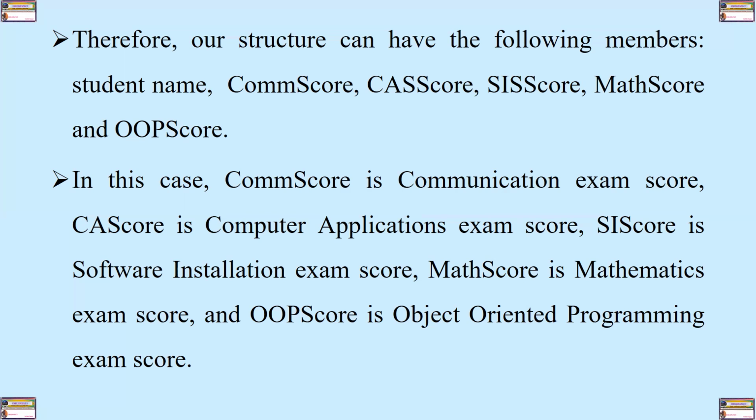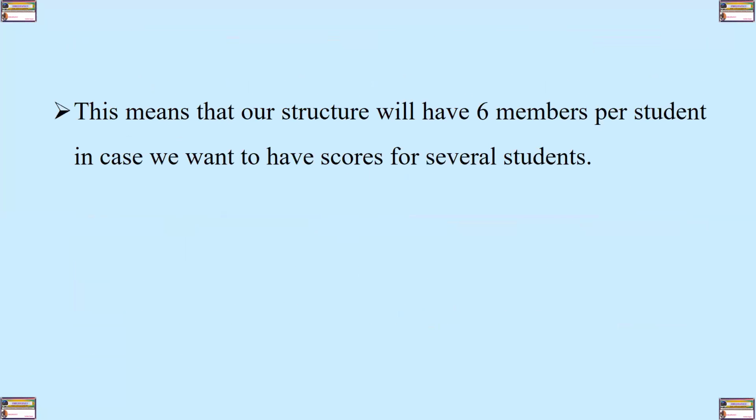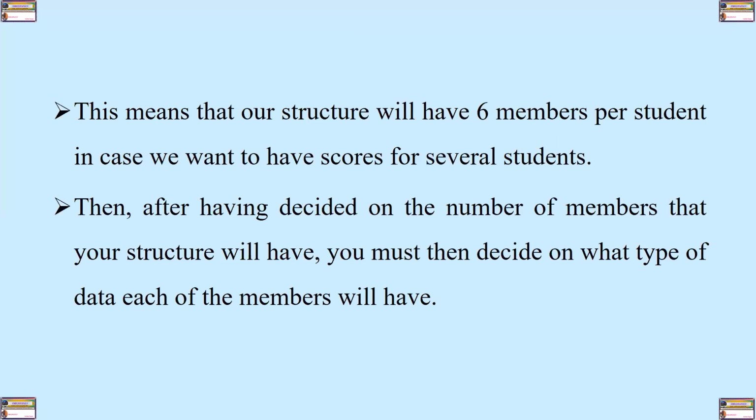Therefore, when naming members of a structure, as well as the structure itself, it's always good to use names that let you tell what they are all about. This means that our structure will have 6 members per student in case we want to have scores for several students.